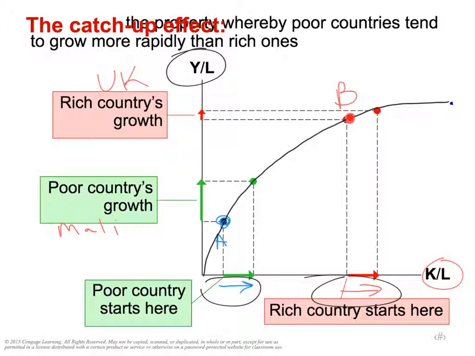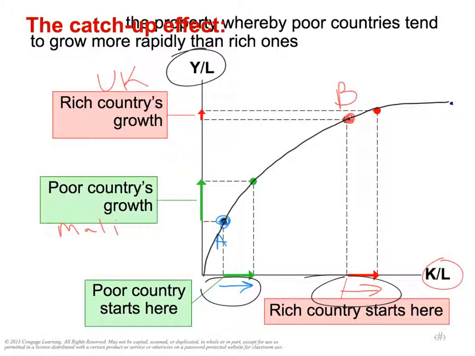The UK, however, starts way up here. It's a relatively rich country. And so the amount of benefit, if you will, or the amount of output per labor hour is not as great.